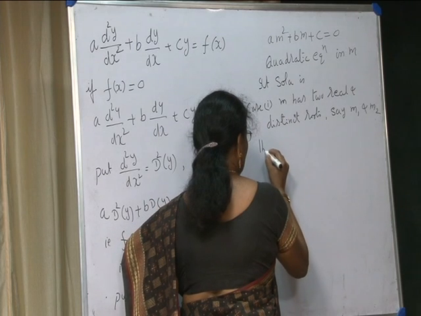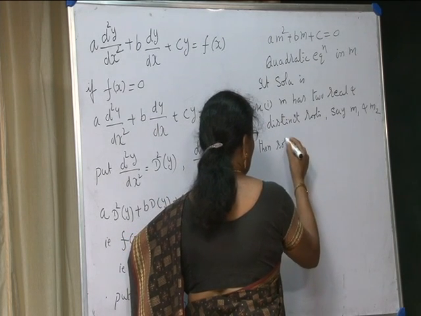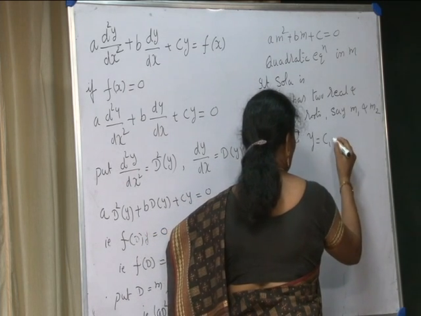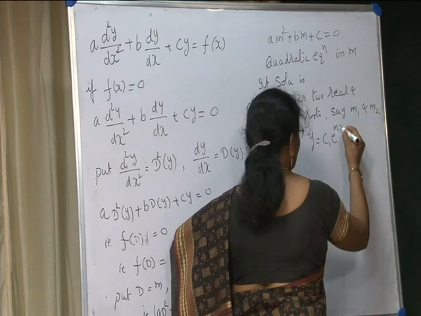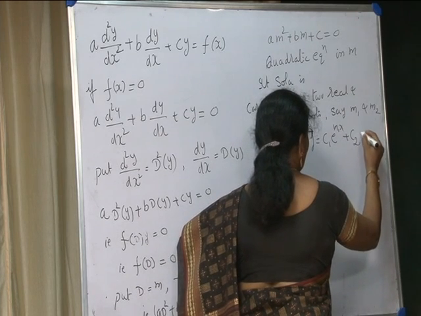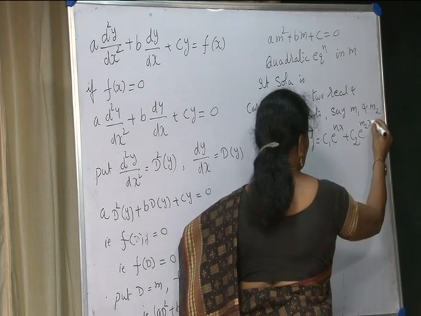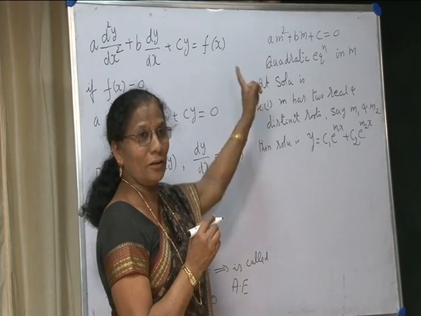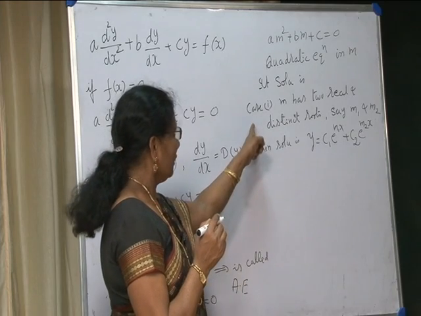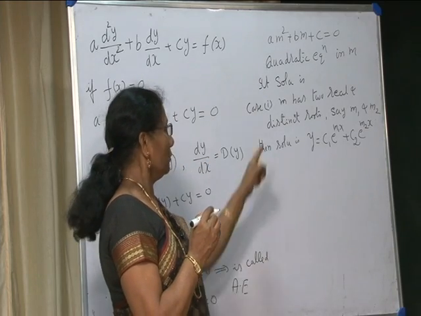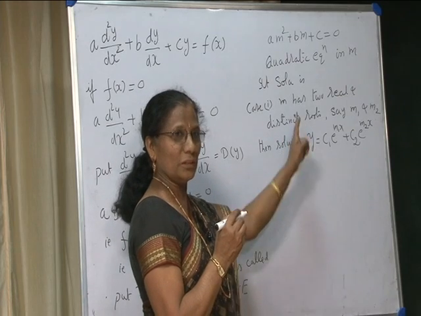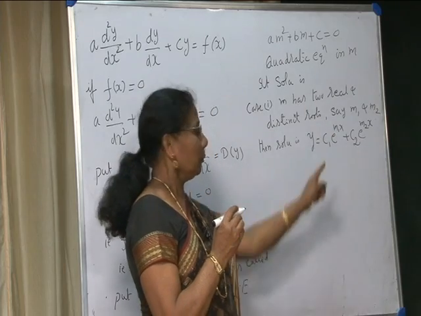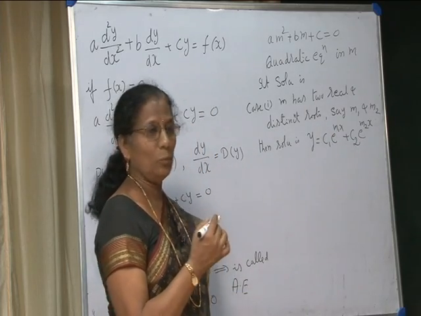Then the solution is y is equal to c1 e to the power of m1x plus c2 e to the power of m2x. This is the solution of the given homogeneous second order linear equation. When the quadratic equation has 2 real and distinct roots, then we have a solution y is equal to c1 into e to the power of m1x plus c2 e to the power of m2x.